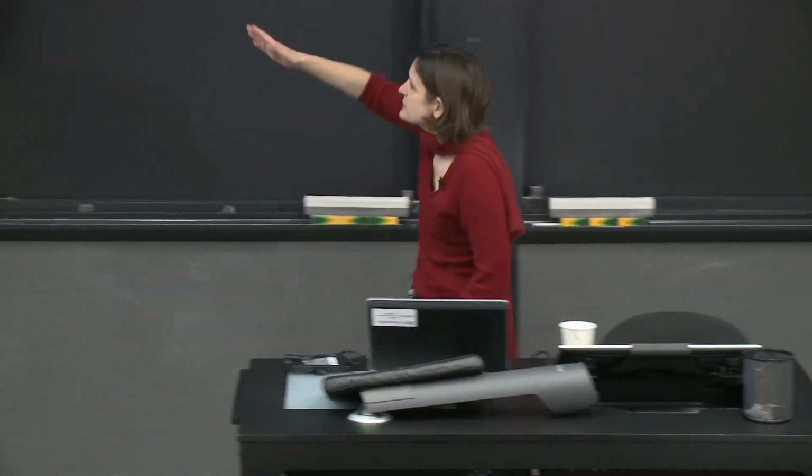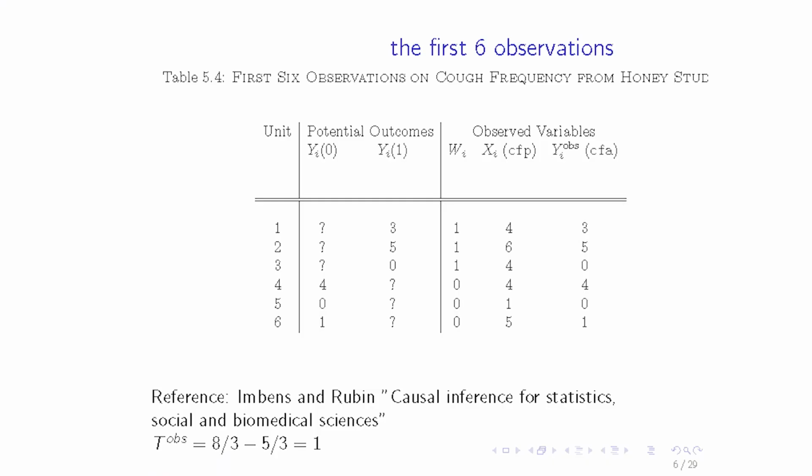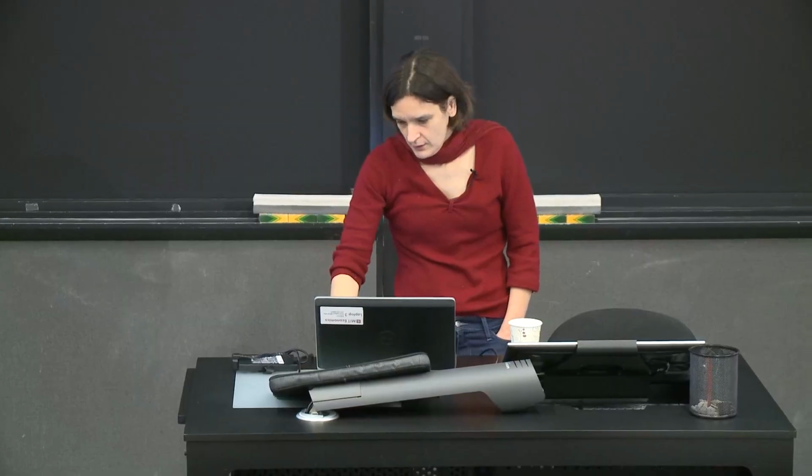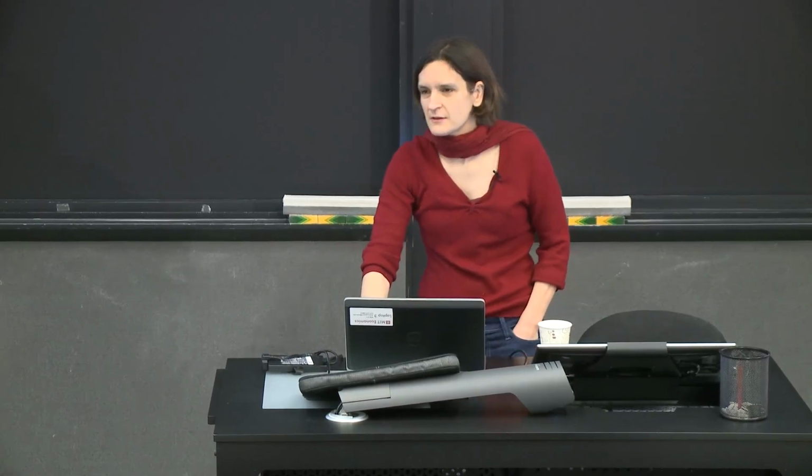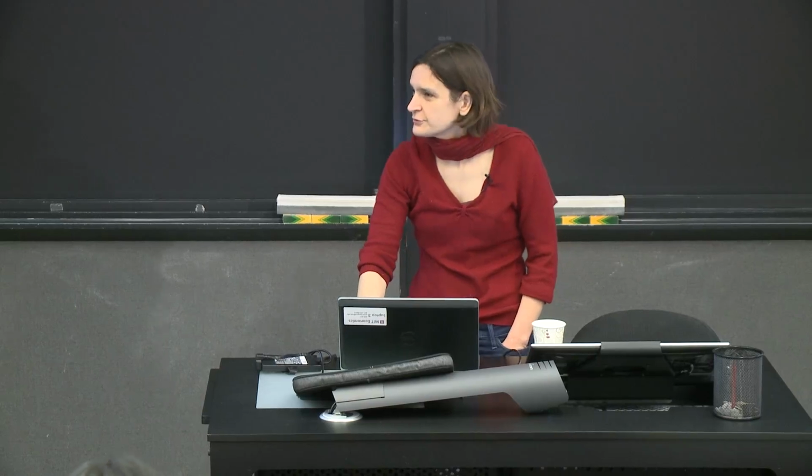Now we are just interested in that simple difference. So the absolute value of T obs is 1. Just looking at it intuitively, it doesn't seem that it helps all that much. It seems that the severity of the cough on average is larger for those who got the honey than those who didn't.